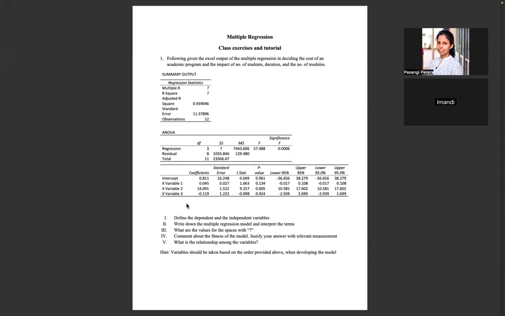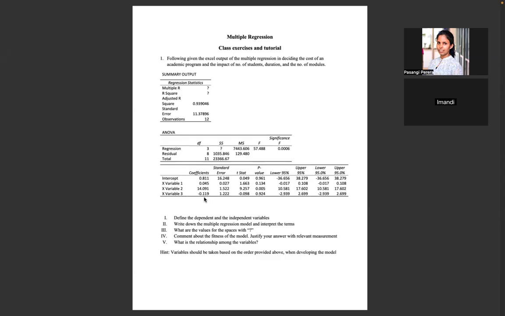Like the number of students and duration affect the y variable. But for variable 3, what we have is minus 0.119. That is a negative relationship.